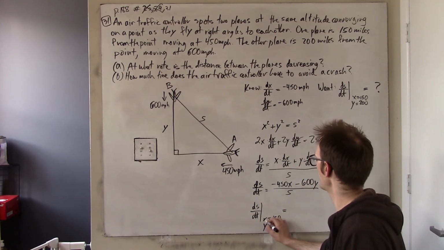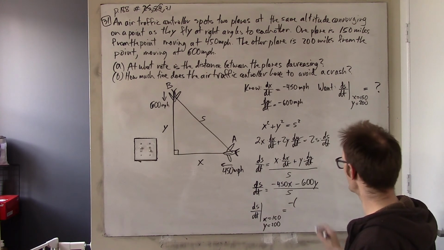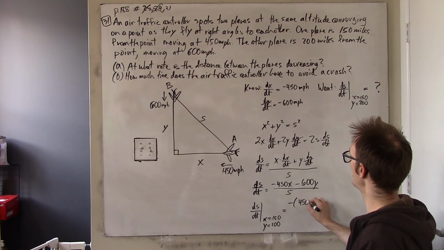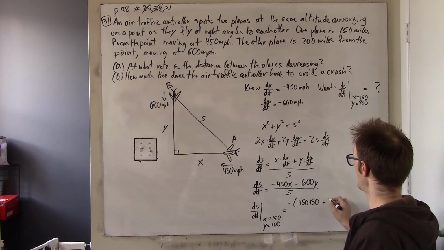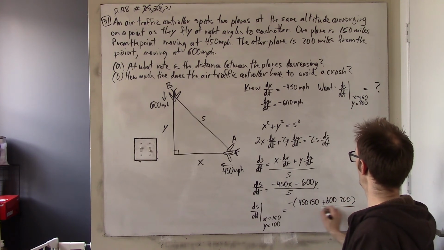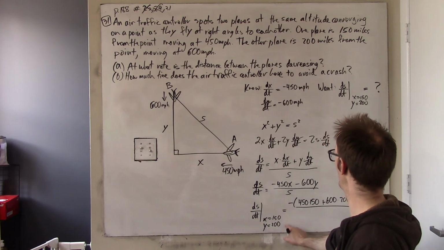And now, what am I going to do? Man, these numbers are so big. This is going to be, I have a negative on the outside, I suppose, and then this is 450 times 150 plus 600 times 200, but then all over, what is s at this moment?